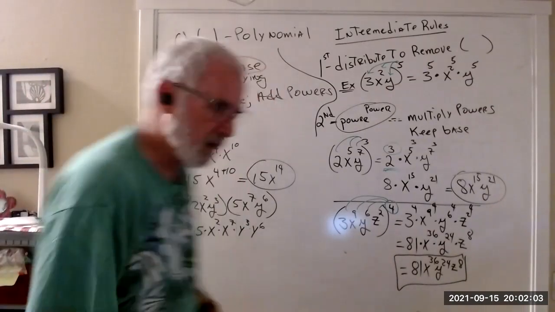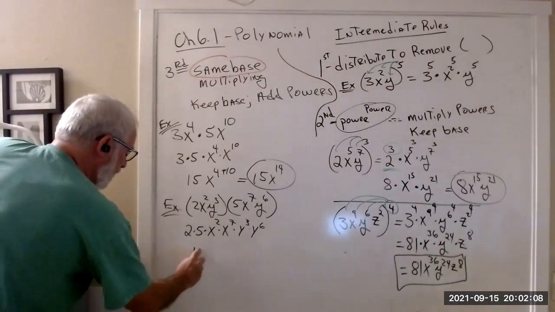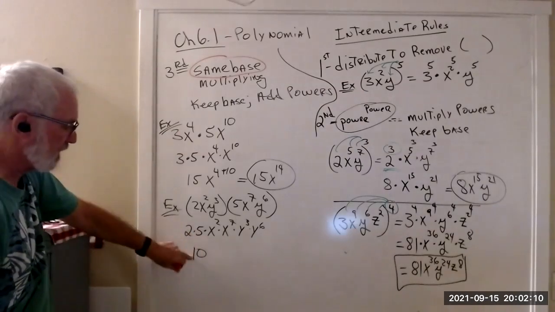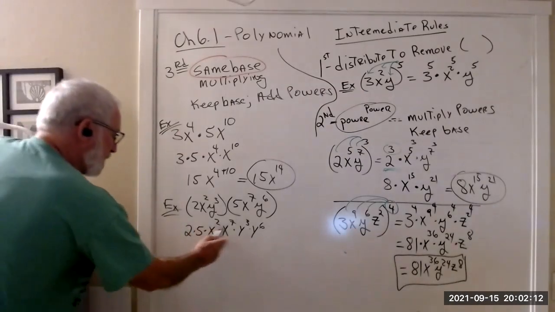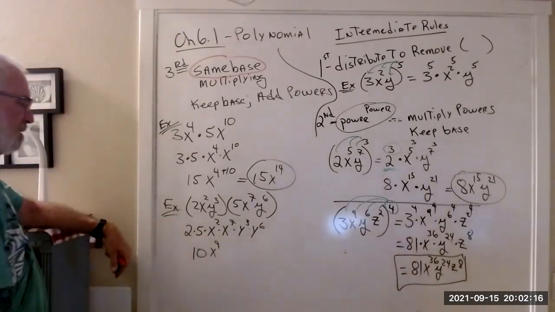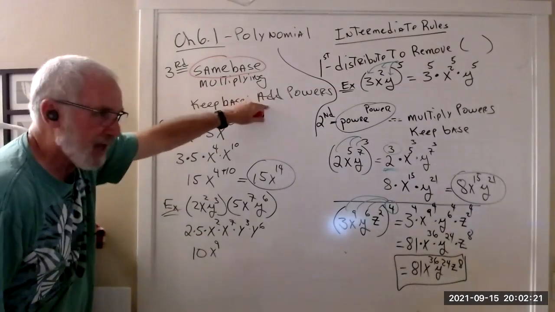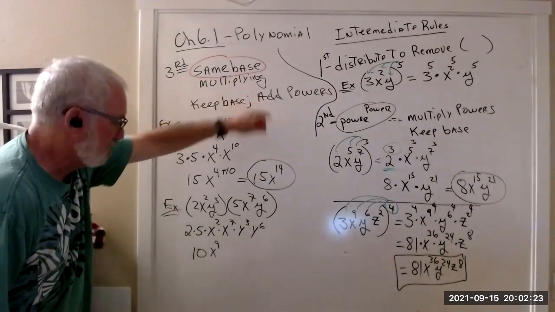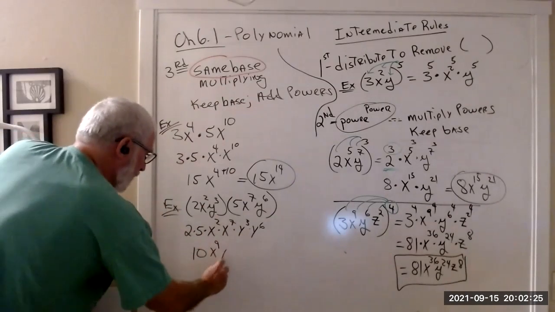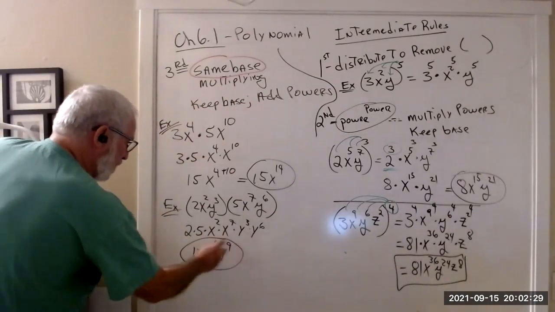So this becomes 10. 2 times 5 is 10. This becomes x to the 9. 2 plus 7 is 9. Keep the base, add the powers, and this becomes y to the 9. Keep the base, add the powers.